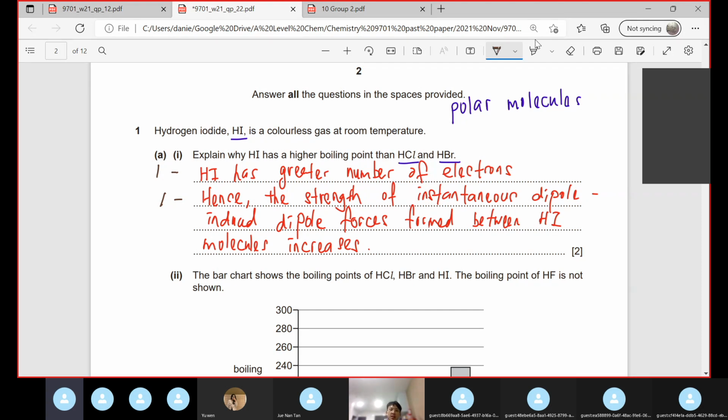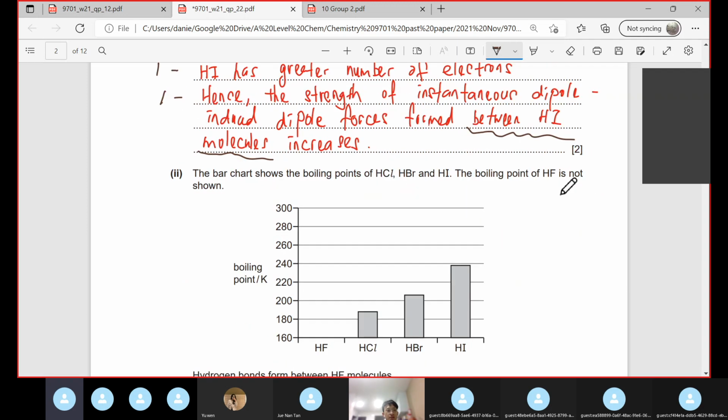If you don't mention between the hydrogen iodide molecules, it seems a little bit irrelevant in explaining. So be more specific, be more accurate. It will definitely help you a lot. So this is part A Roman 1.